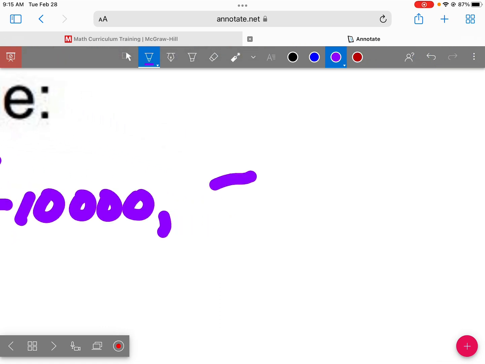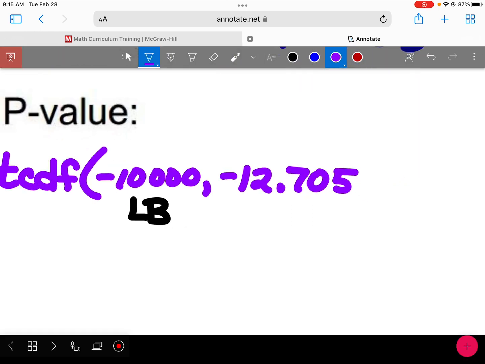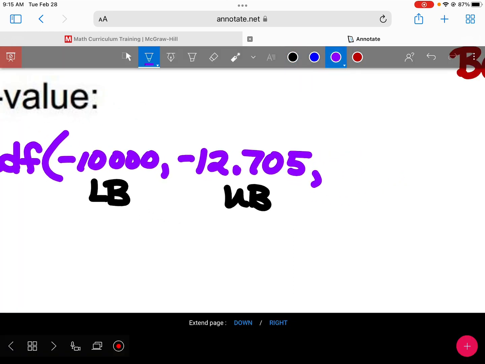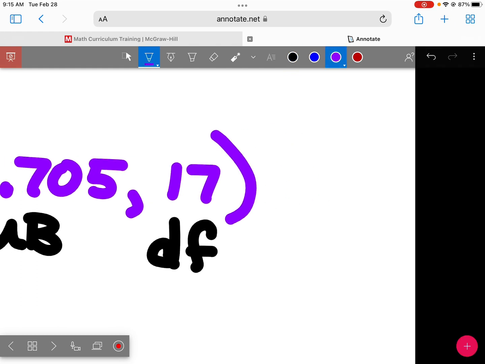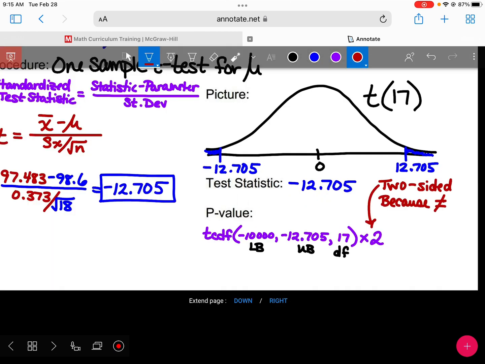Then our upper bound, negative 12.705. And then we need degrees of freedom, which was 17, times 2, because it is two-sided. If I just do the one, I'll only get this. I want both sides of that.